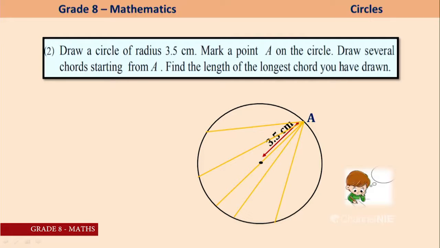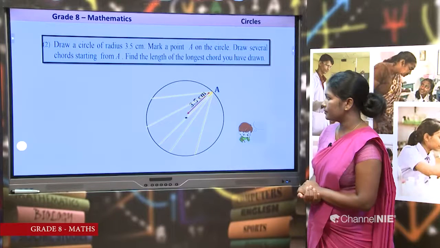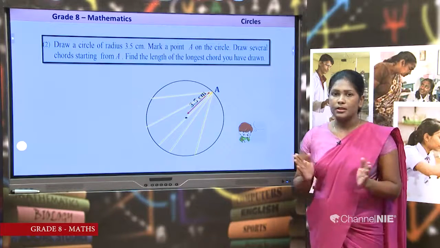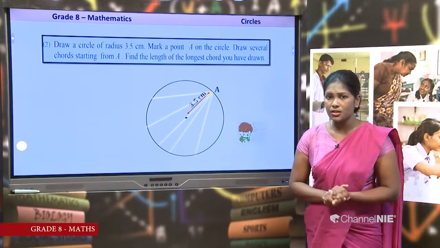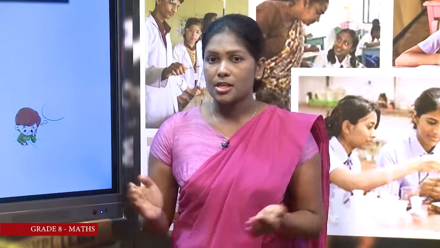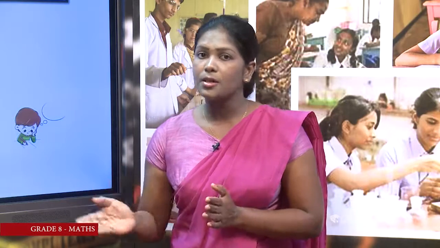Now you know the longest chord is a diameter. So what is this? They ask about the length. So in here the radius equal to 3.5. Then you know the relationship between radius and diameter. What is the relationship? Yes, twice the radius equals the diameter.